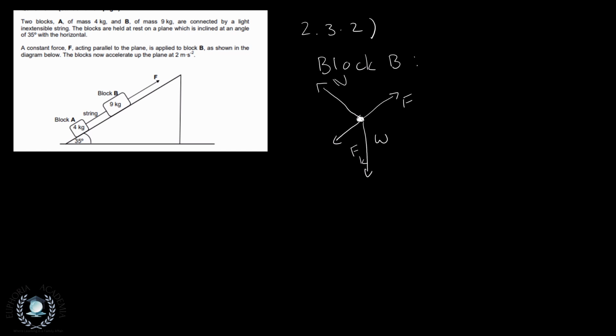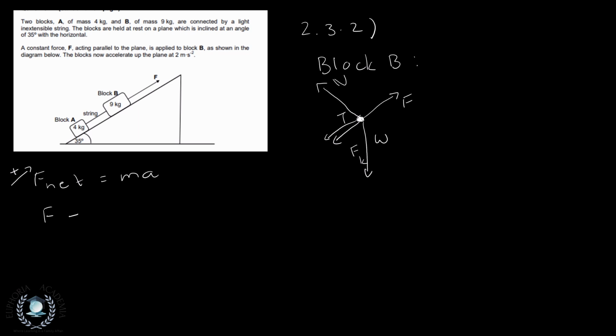Alright, now to find F, we essentially need to find the forces acting in this parallel direction. We're still going to use our F net being equal to our mass times acceleration, where the up and right direction will be taken as positive. So our force F, oops, I forgot something here. I forgot that there's tension as well associated with this.